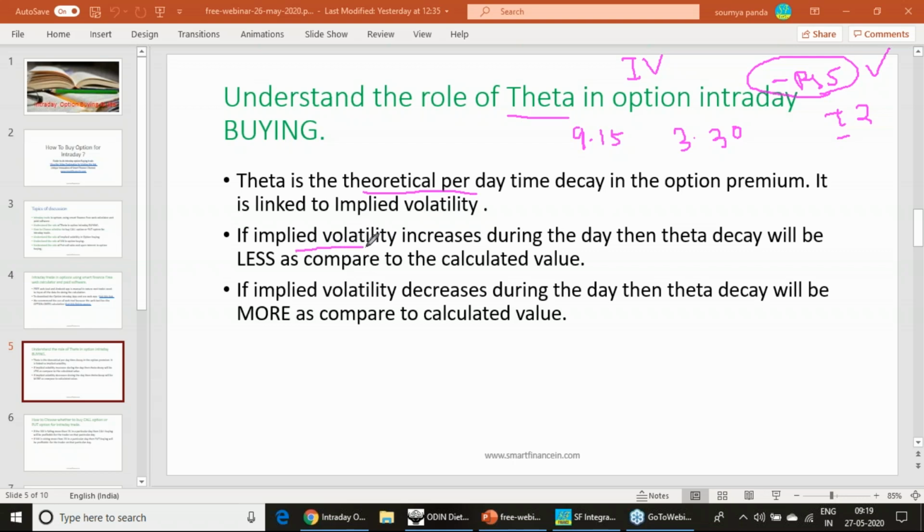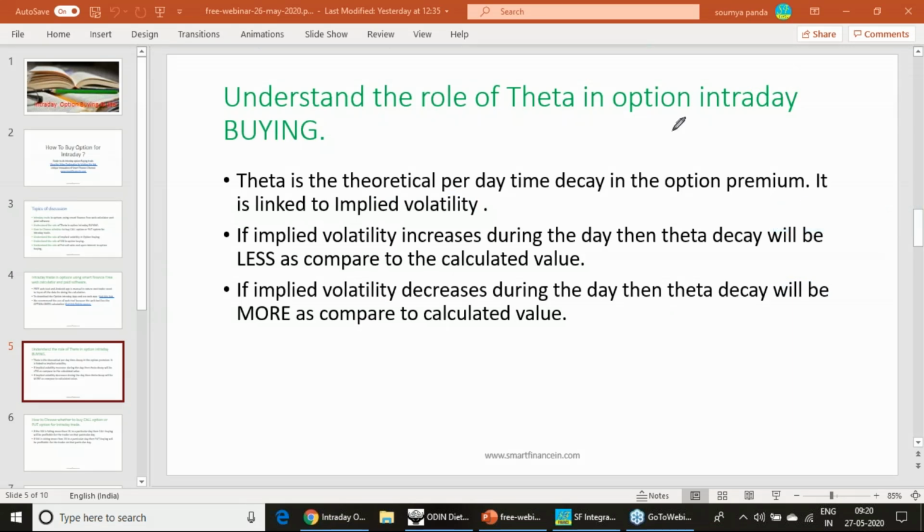If the implied volatility increases after you purchase that option, paying a specific premium, then the theta decay will be lesser. Out of 5 rupees, only 3 or 4 rupees decay will happen. If the implied volatility decreases after you made a purchase, then you will get more theta, meaning more than 5 rupees should decay. That is how theta behaves.